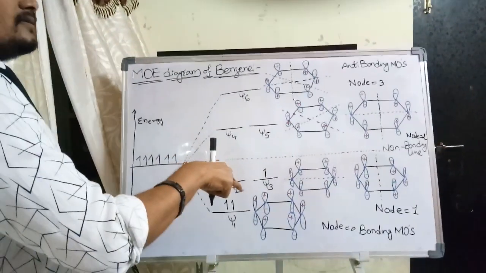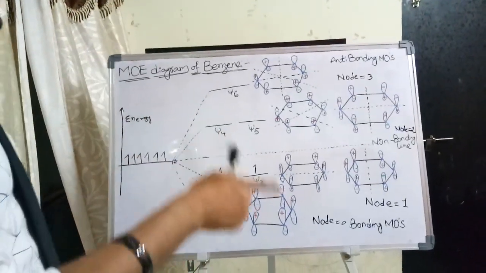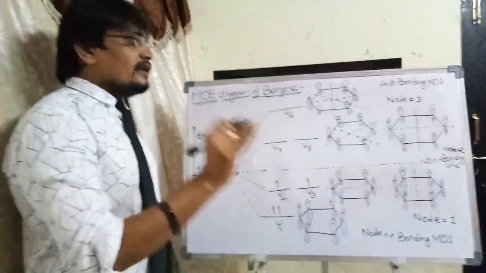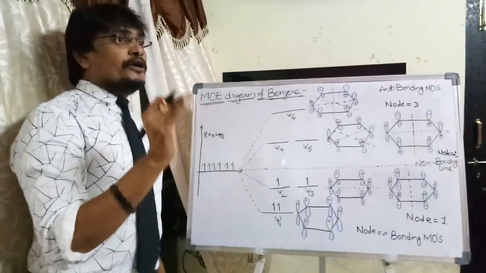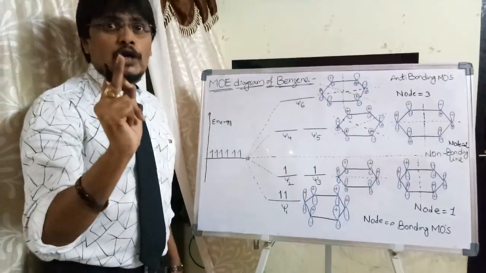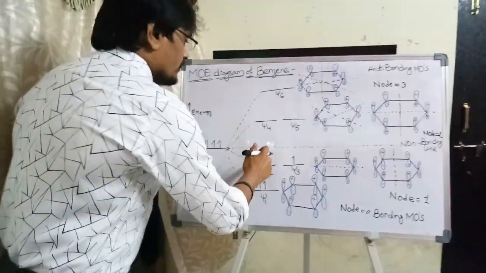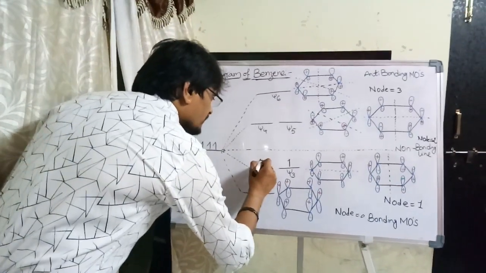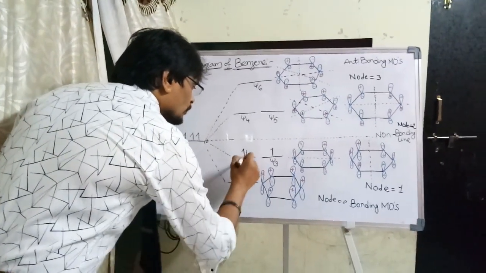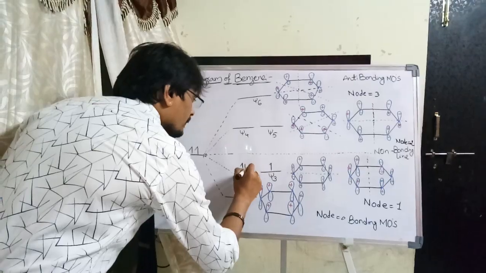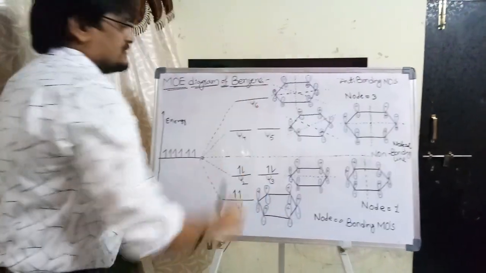Now the pairing occurs. According to Hund, the pairing is not possible until or unless each and every orbital is occupied by one electron. So now we have to pair it. 1, 2, 3, 4, 5 and 6.